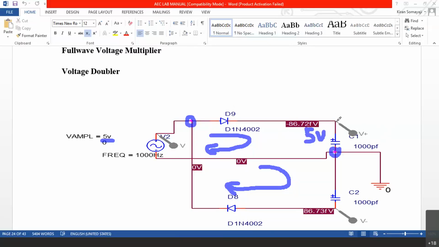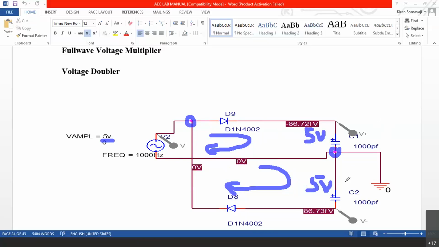Otherwise, it remains charged. Now you can see, in the other cycle, D9 is conducting. When D9 is conducting, C2 is getting charged now. When C2 is getting charged, now the net voltage across these two capacitors is totally double. In one cycle, C1 gets charged.